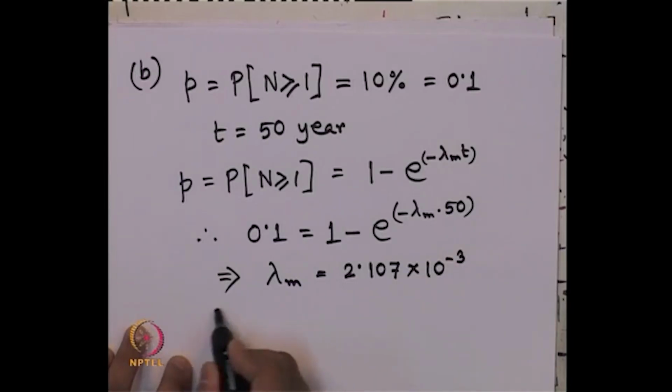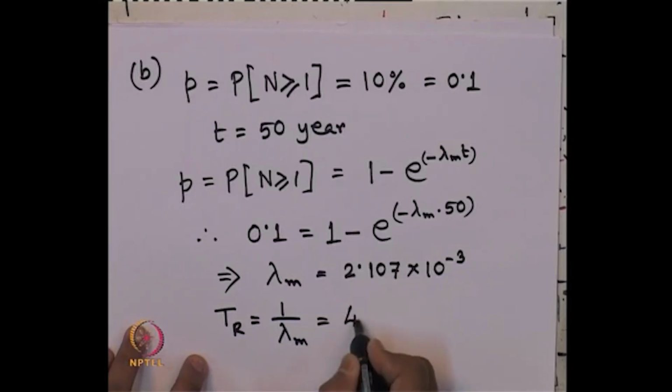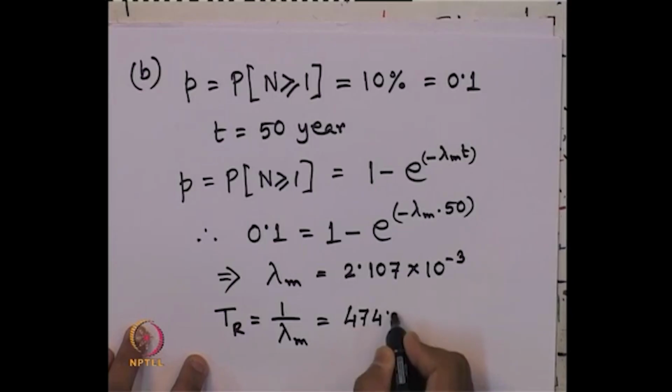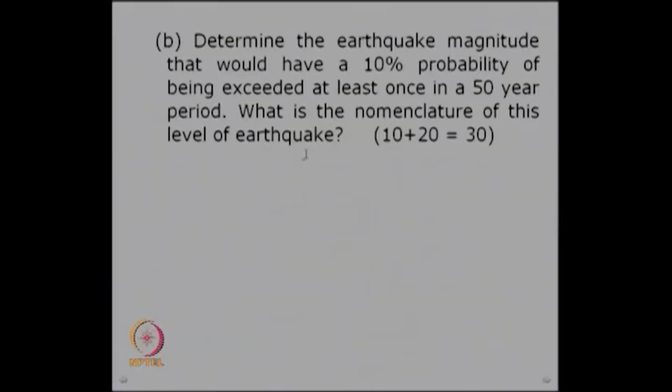So, what will be the value of the return period? Return period TR will be equal to 1 by lambda m. The inverse of this comes out to be 474.56 years. Now, you can see the question here: what is the nomenclature of this level of earthquake, that is, 10% probability in 50 years of being exceeded at least once?